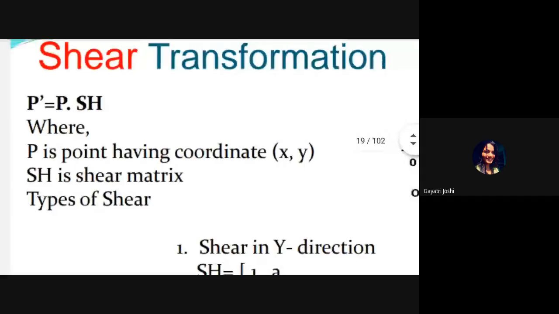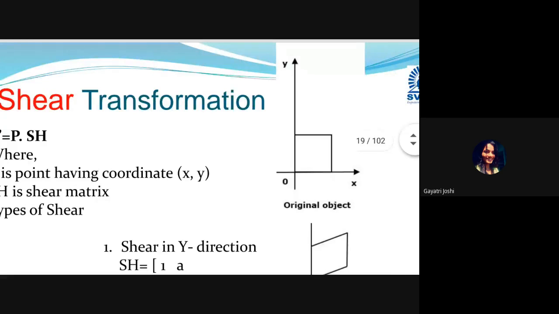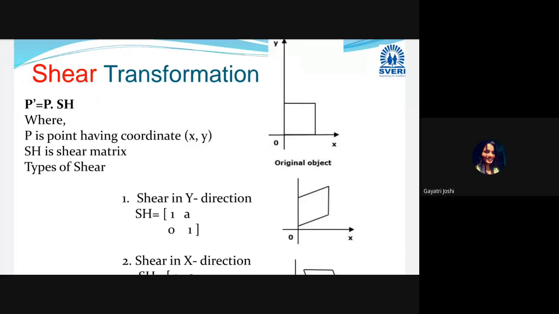Now shear is nothing but the slant. किंवा घसरणं म्हणतो आपण मराठीमध्ये त्याला. Slant with respect to y direction and slant with respect to x direction.